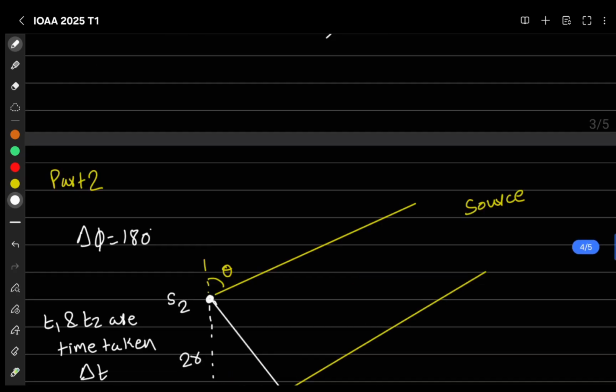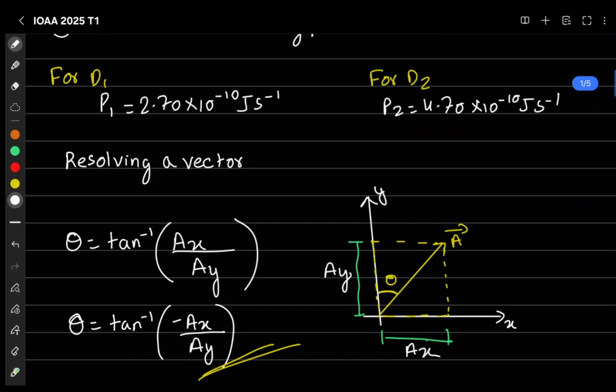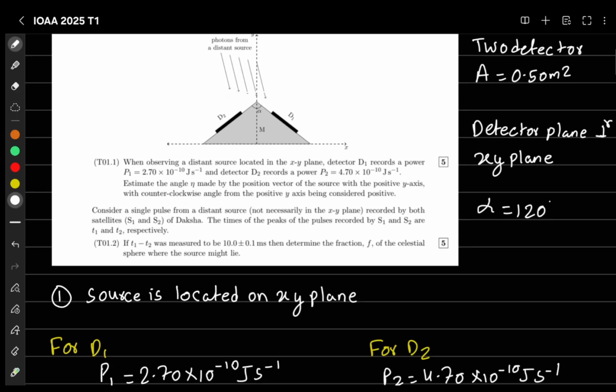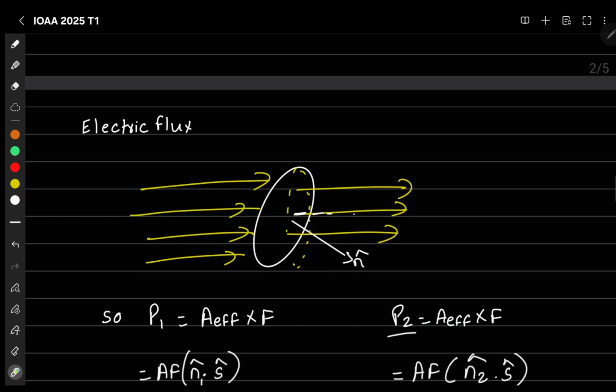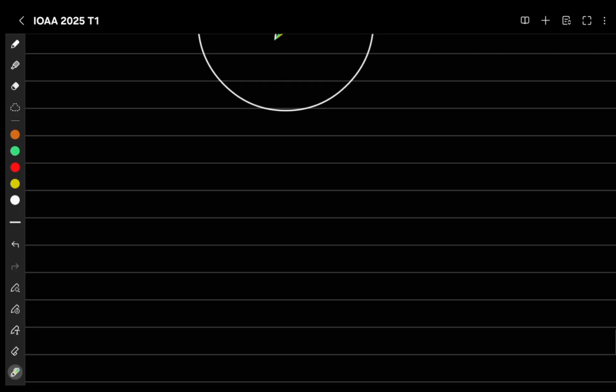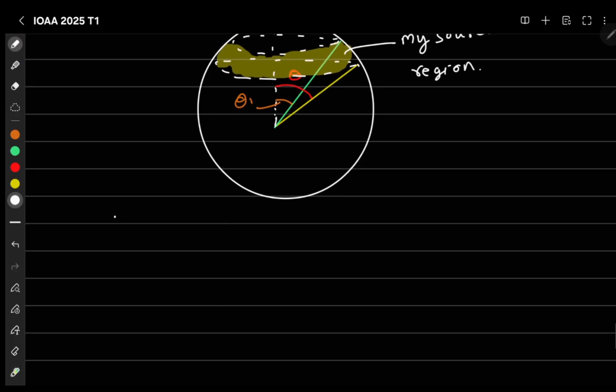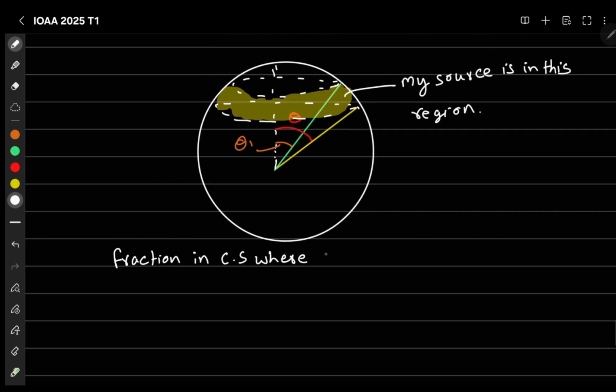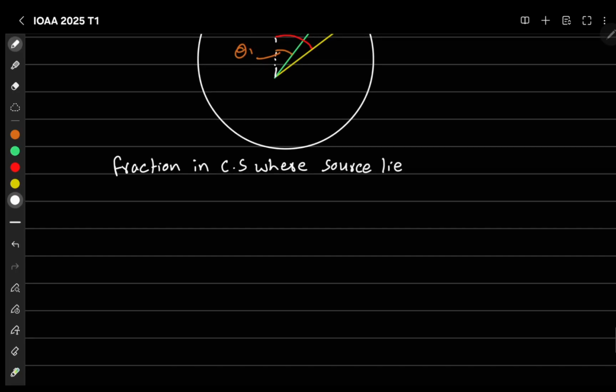So the question asks to determine the fraction of the celestial sphere where the source might lie. So I need to find the fraction in the celestial sphere where the source lies.